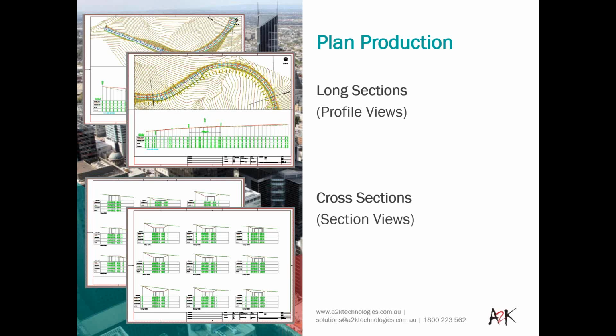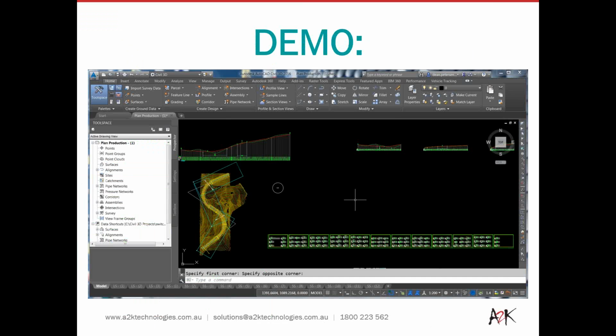Some people are using them, some are not. They are particularly advantageous when you've got a very long section of corridor to get out, and that's when it's really going to make a difference to you. So we're going to start the demonstration and get into it.